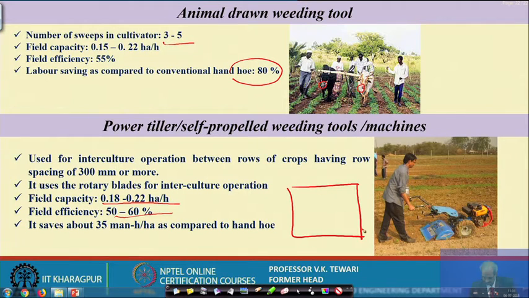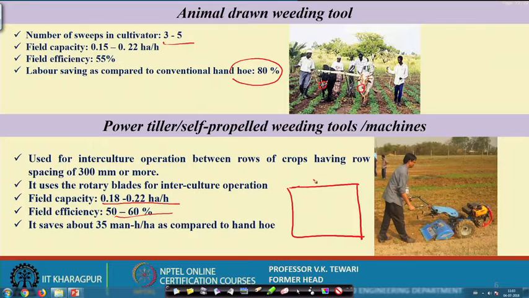When it is measured, a quadrant is used, about 1 meter by 1 meter or 0.5 meter by 0.5 meter in size. This quadrant is thrown into the crop at one time, and the number of weeds is counted, and later when the weeding operation is over, we count them again. You will find that some of the weeds which are in the rows are left, and that is why you do not get more than 60, sometimes 70% at the maximum value.